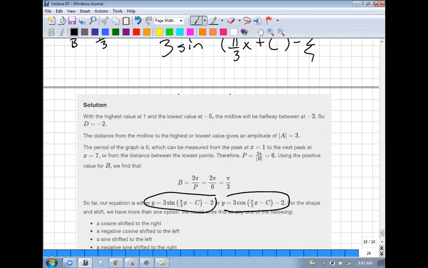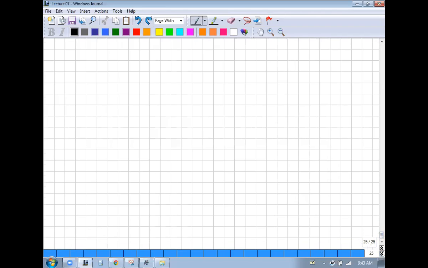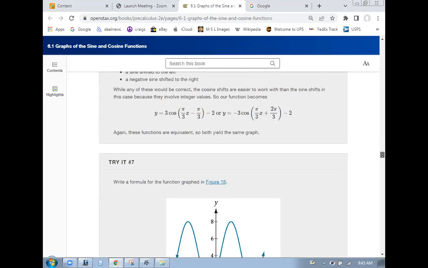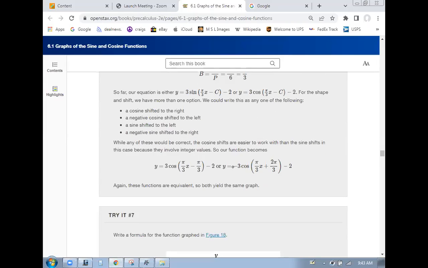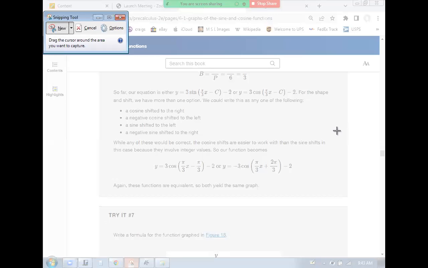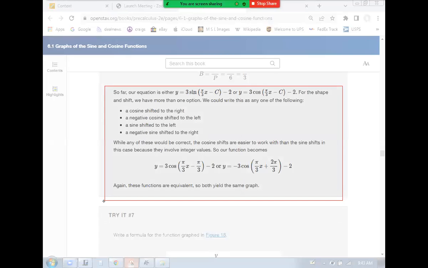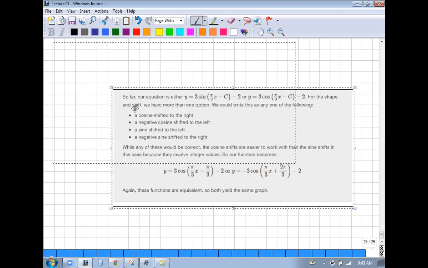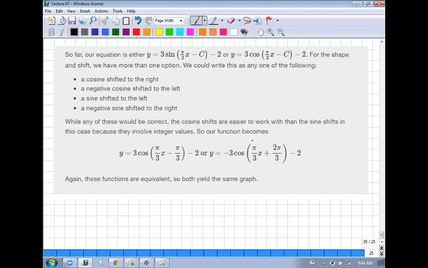Or you could have done it as a cosine. Cosine is just a shifted version of sine, so these c's would be different. So how did they find their c value?